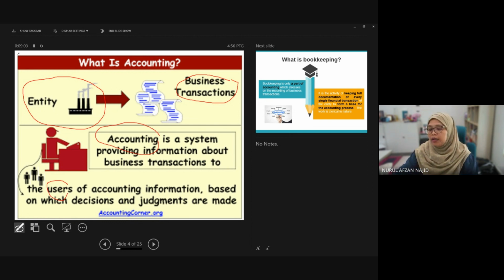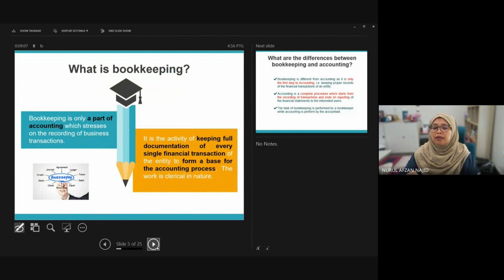Okay, right. Next slide, kita akan bercakap berkenaan dengan bookkeeping. Bookkeeping ni macam buku simpanan. Situasi yang paling mudah untuk saya explain adalah kalau you pergi gerai-gerai, gerai goreng pisang, gerai kuih muih, gerai nasi lemak yang breakfast pagi-pagi.